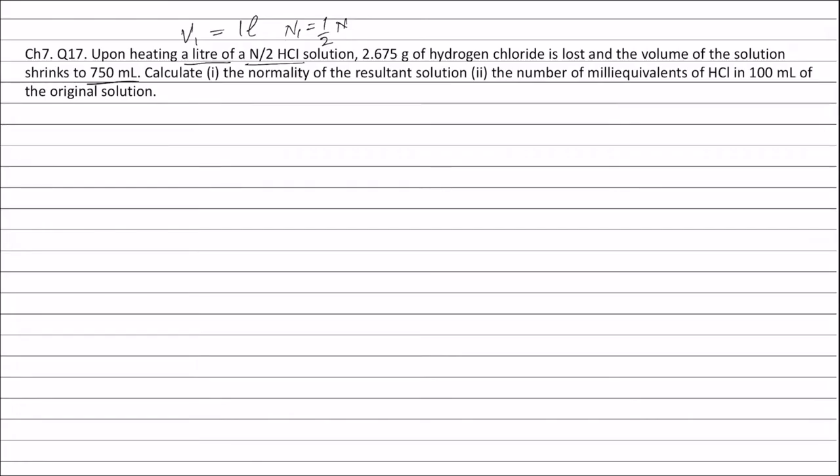Now the first part of the question, calculate the normality of the resultant solution. Let the normality of the resultant solution be N2.